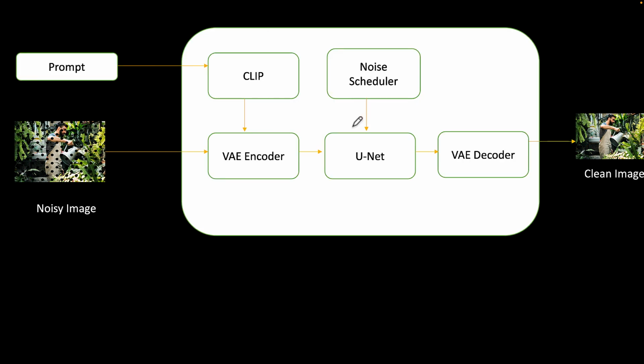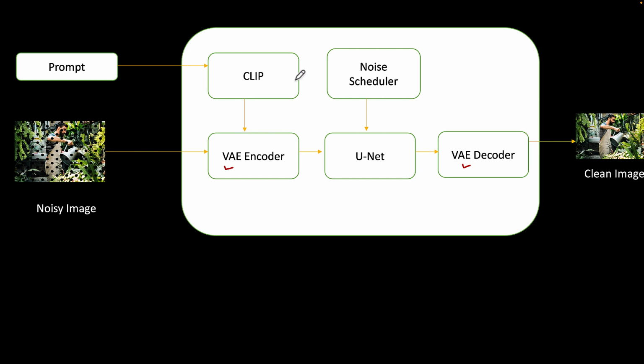Let's look a little bit more inside the different components of the diffusion model. We already learned about the encoder, also known as the variational autoencoder, which converts the image into latents, which are then fed into the model, also called the UNet. The output of the model is again latents, which are fed to the decoder to generate the clean image. The main model that does the extraction of noise from the image is called the UNet.